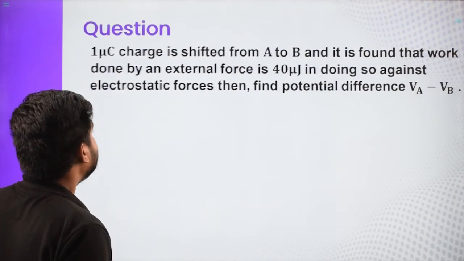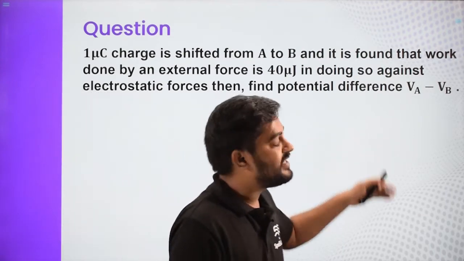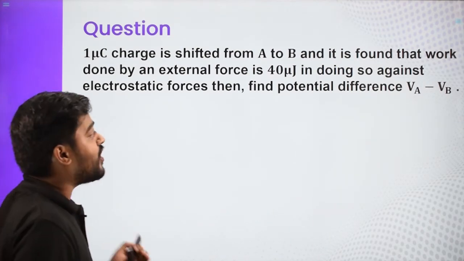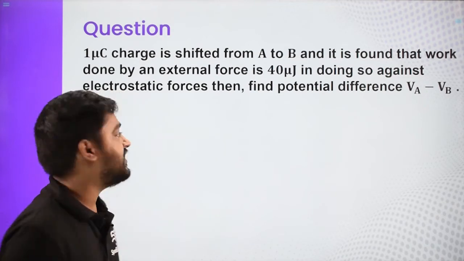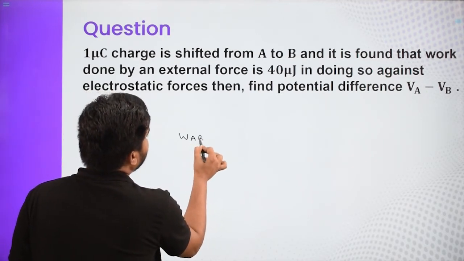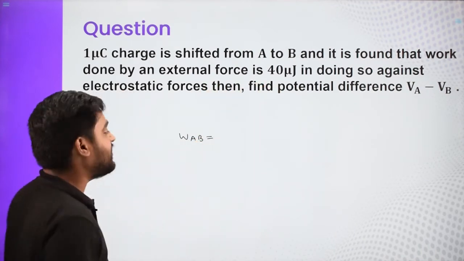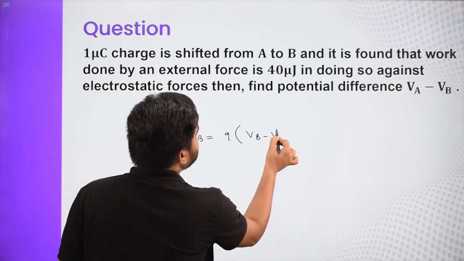Now let us discuss a question. This question says that 1 microcoulomb charge is shifted from A to B, and it is found that the work done by external force is 40 microjoule in doing so. So we need to find the potential difference. We are moving from A to B, so work done by external force is nothing but Q delta V, so Q into final minus initial.